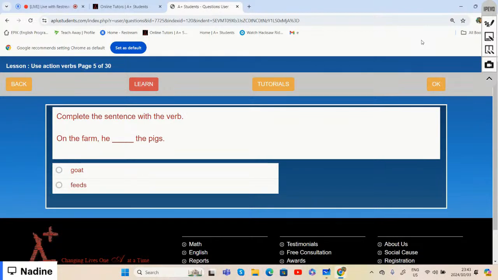And if we were to choose the correct option, then we can say on the farm, he feeds. What is he doing?